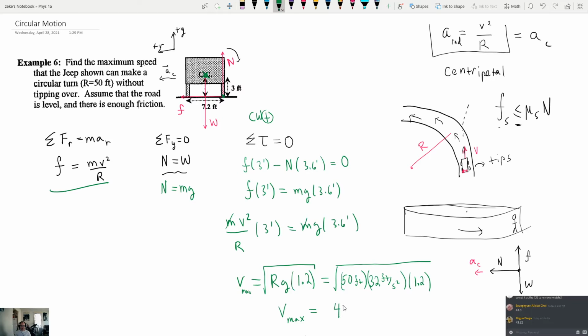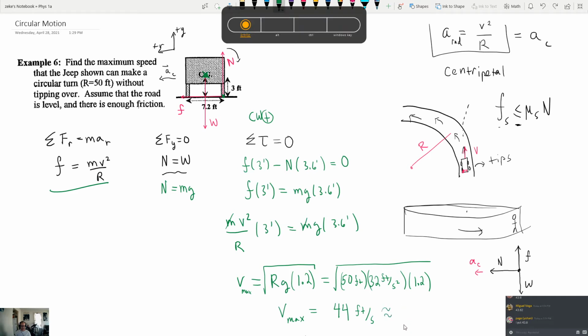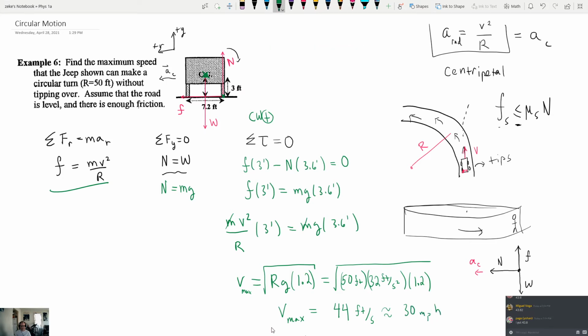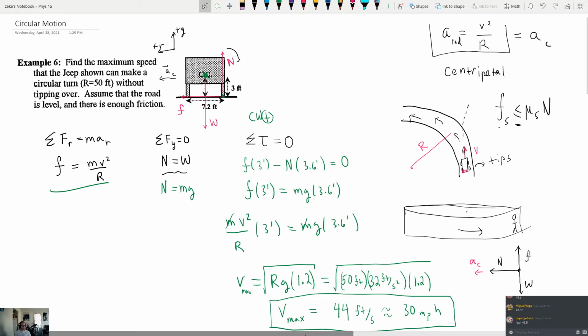So it's about 44 feet per second, huh? Which I think we calculated last time was something like 30 miles an hour, right? There we go. Any questions?